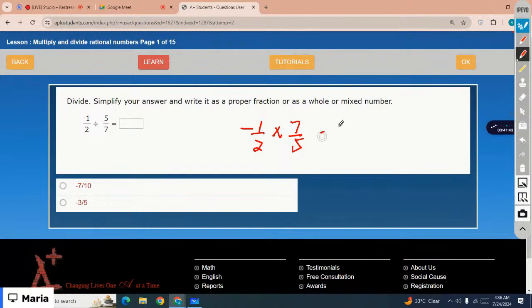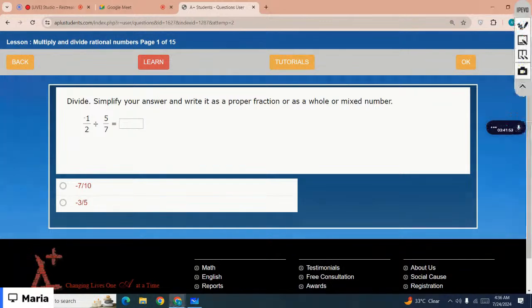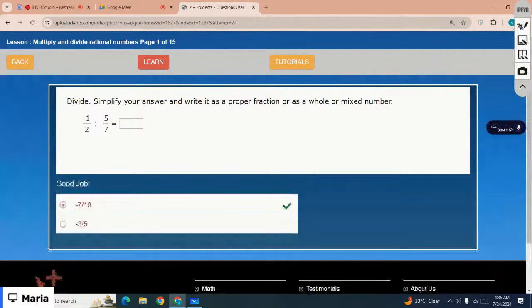Yes, that is negative 7 over 10, option number 3. The rule is if one fraction is negative, their quotient is negative.